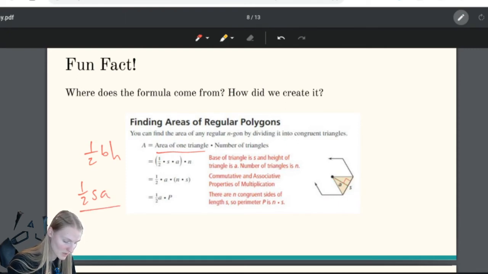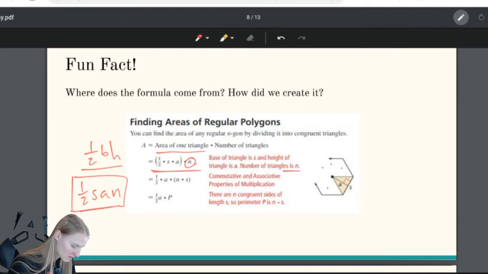But remember, the number of triangles that we have is n. Excuse me, it's not s, it's n. It's the number of triangles that we have. So that is where they got this first line here. They did 1/2 base times height, so this is the area of a triangle, and then we need to take the number of triangles to get the entire shape.